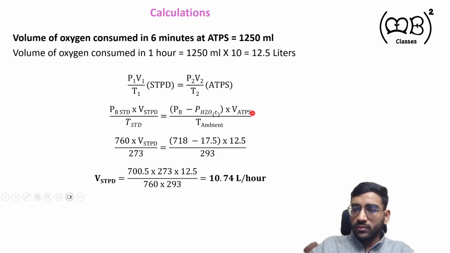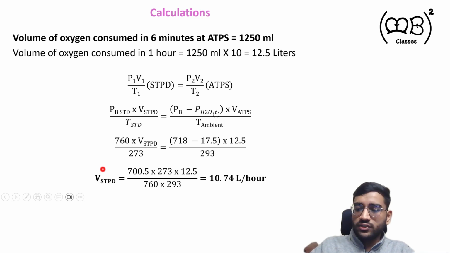The volume at ATPS we calculated as 12.5 liters per hour and the ambient temperature in Kelvin is 293. Calculating all this would give us 10.74 liters per hour of volume of oxygen consumption at STPD.